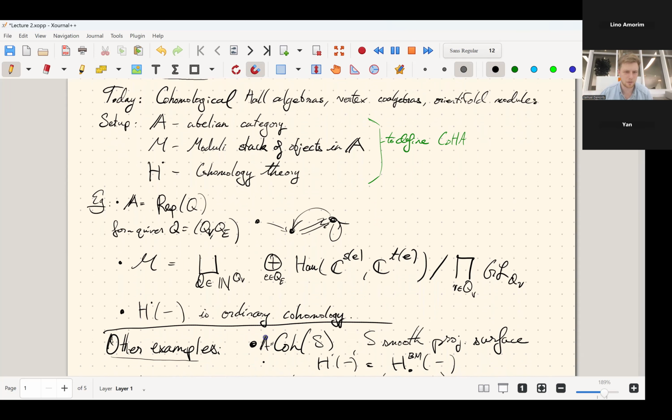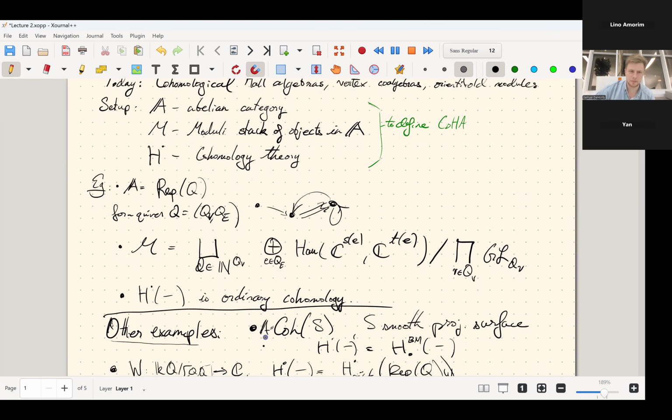You have an abelian category, a moduli stack of objects in that abelian category. In general, this is some horrible derived stack. We're going to impose restrictions in order to actually get a nice algebra. And then we have some cohomology theory, which slightly differs depending on context.